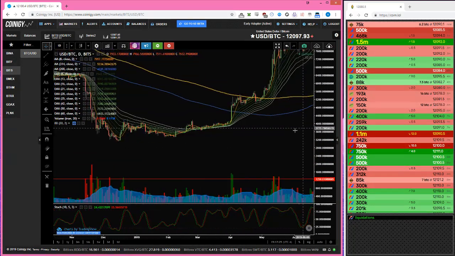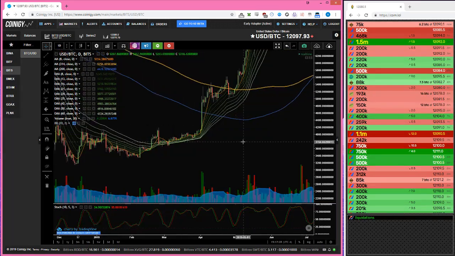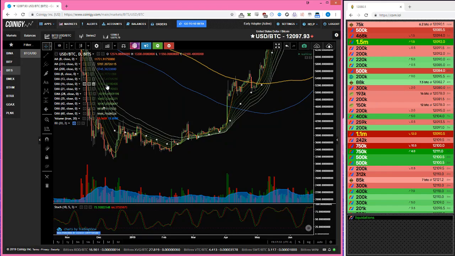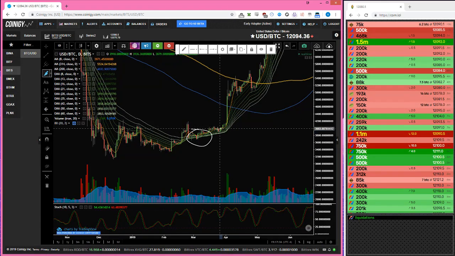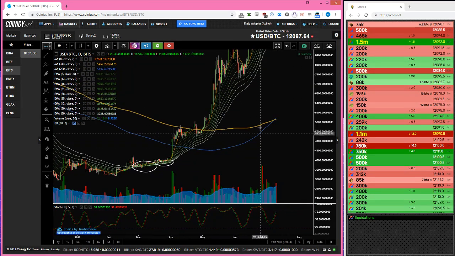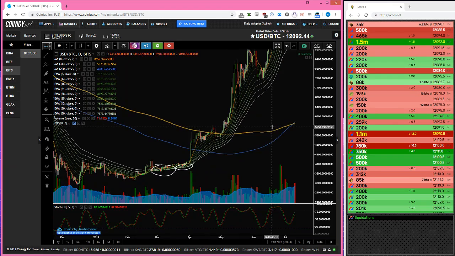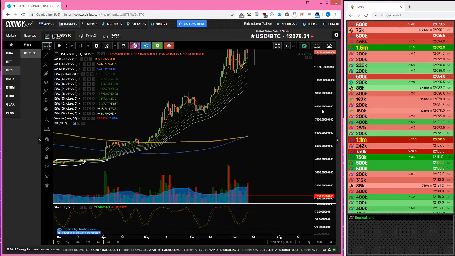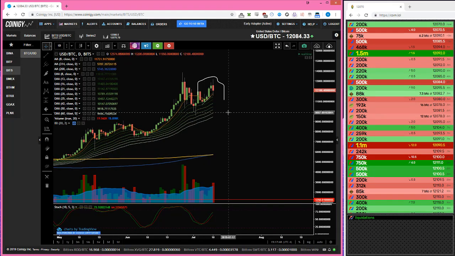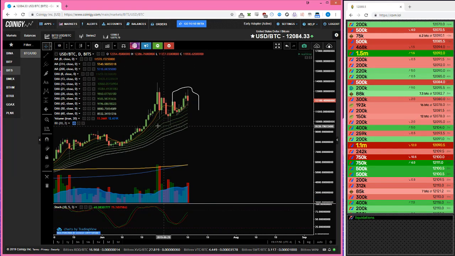And then we flipped around here. Actually, before we broke out, we had already flipped. And then we started holding the bands. And then we get some crossovers here. And so far we haven't even gotten close to the bottom of the bands because the trend is so strong.